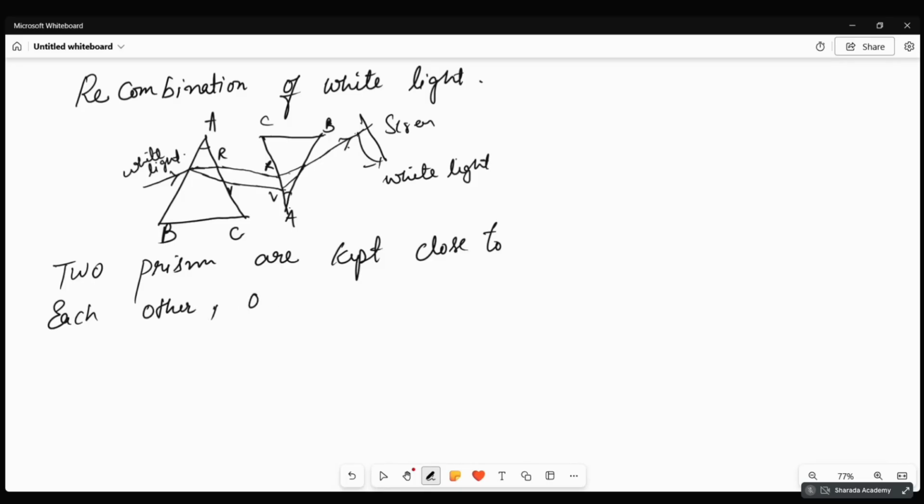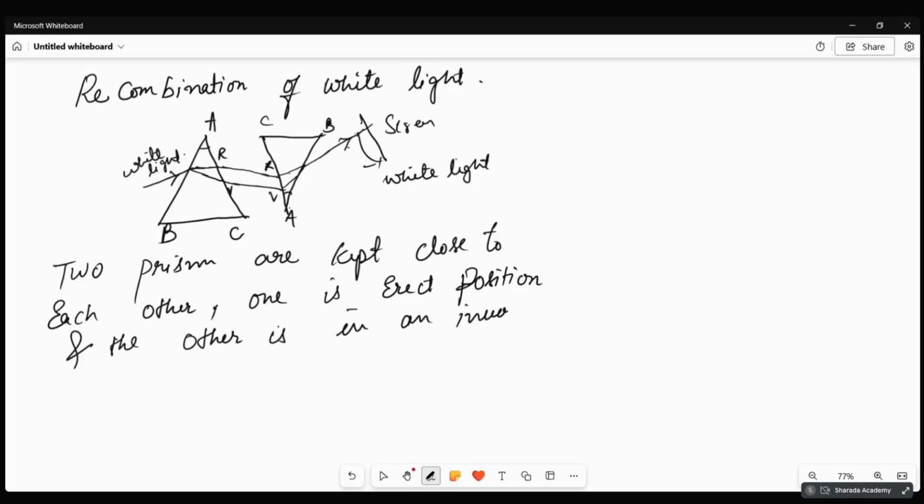One is in an erect position and the other is in an inverted position.